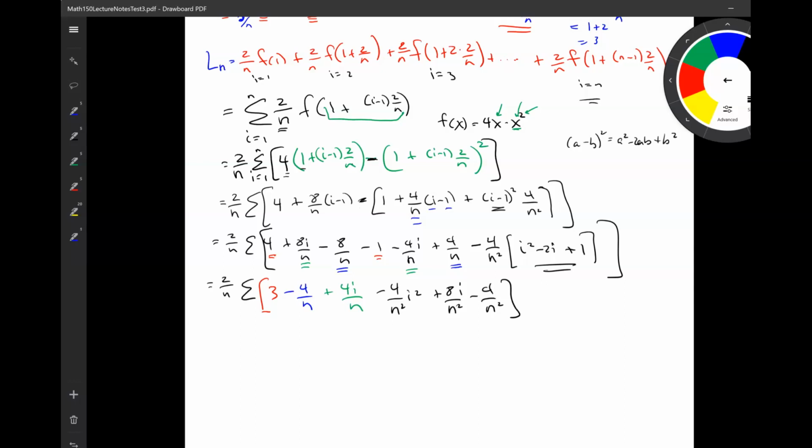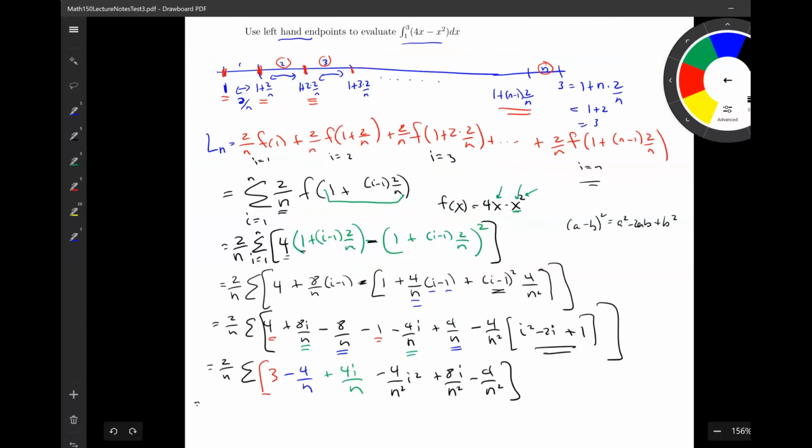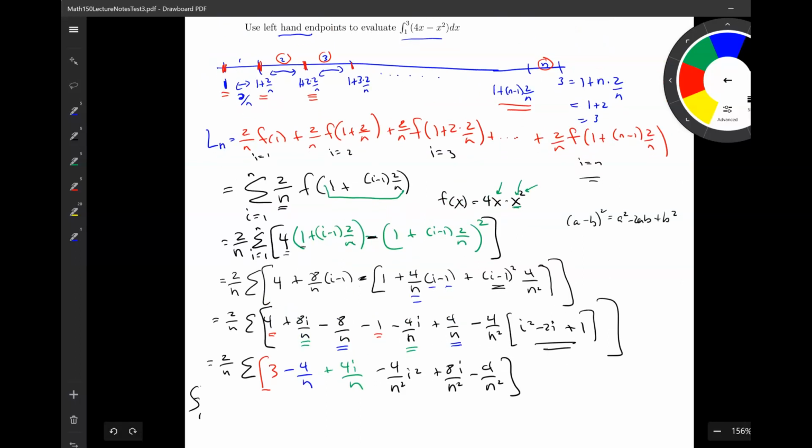So now what I'm looking to use is my limit and then pull in my sums. So let's pull in the integral. The original integral is the integral from 1 to 3 of 4x minus x squared dx. Okay, so that's going to equal the limit as n goes to infinity of this sum. So 2 over n.